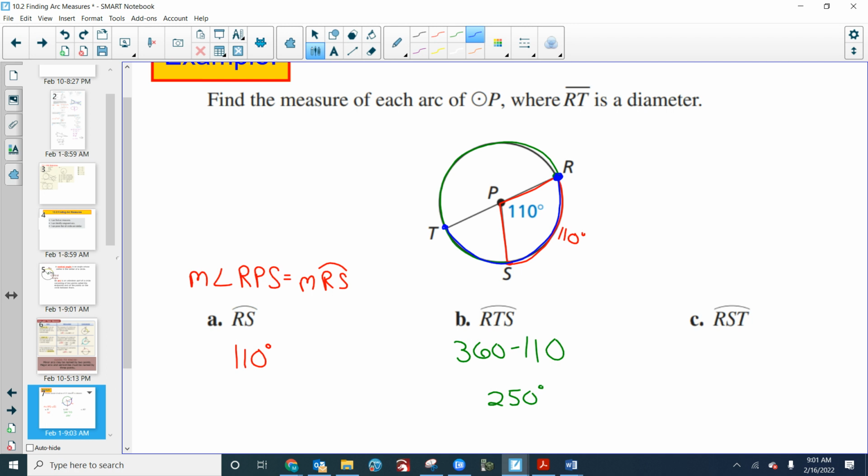What's segment RT called? A diameter. It splits a circle in half. What's the measure of arc RST? 180. Half of the circle. Not so bad, right?